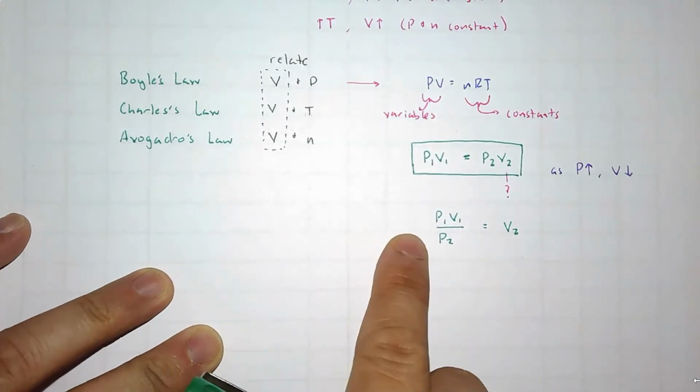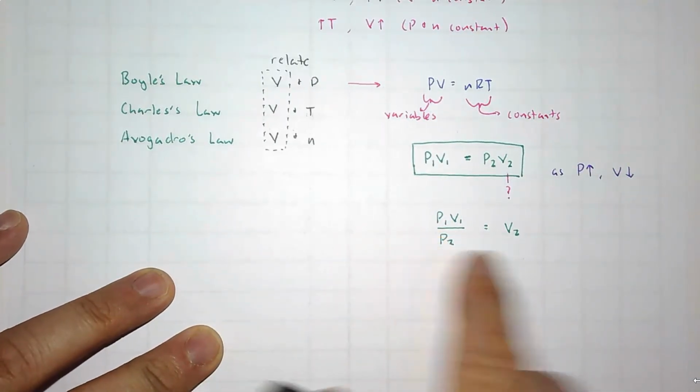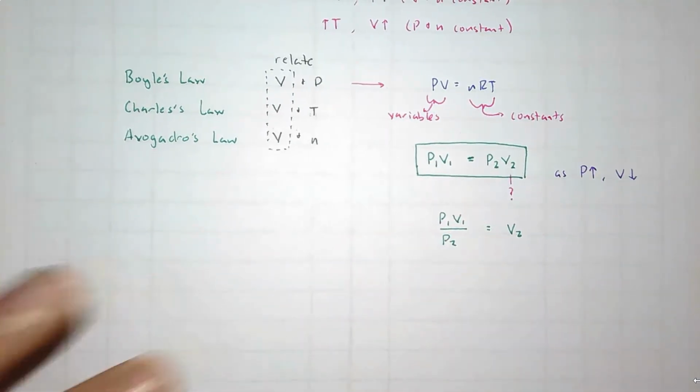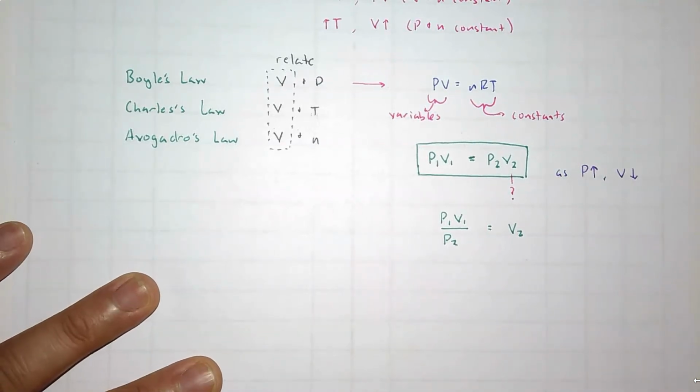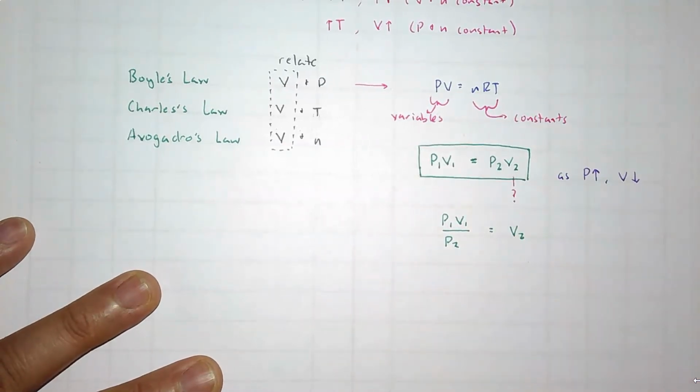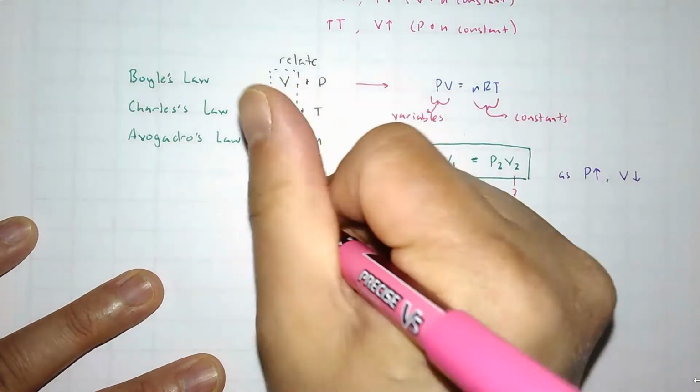So for these ratios and equivalencies, you don't have to convert to different units. You just have to keep the units consistent.